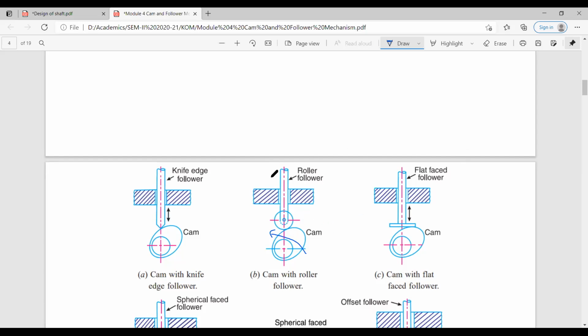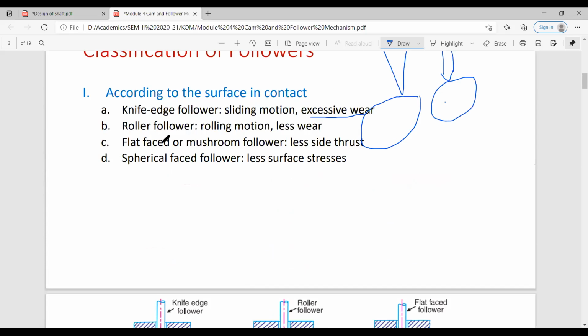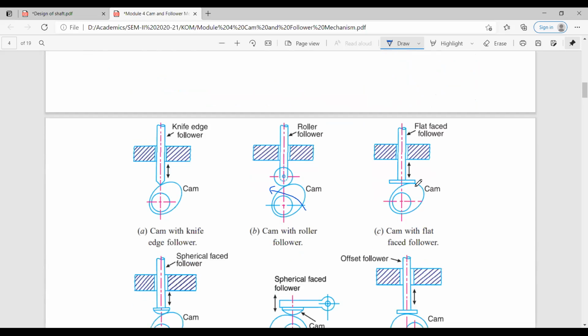Then there is the flat faced or mushroom follower. The advantage of such a follower is that there is less side thrust. I will tell you what side thrust is. You can see that it is a flat faced follower. The face which is in contact with the cam surface is flat, which we have seen in the video of the IC engine mechanism.